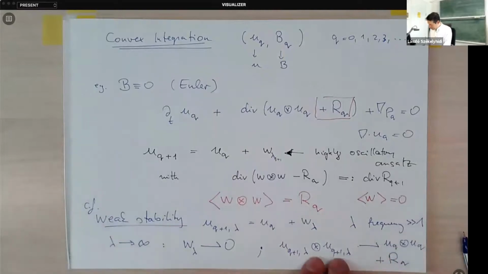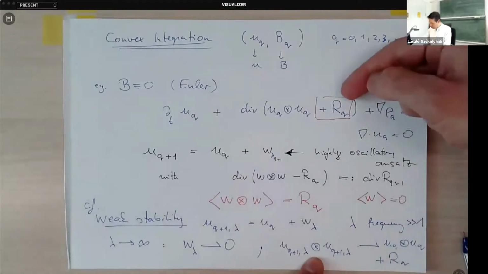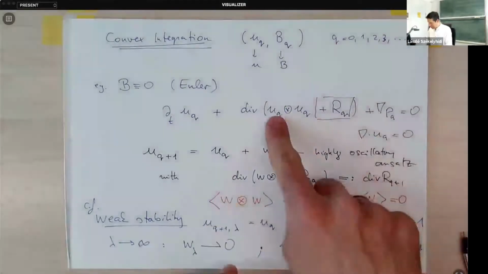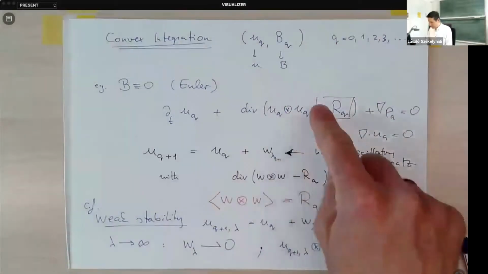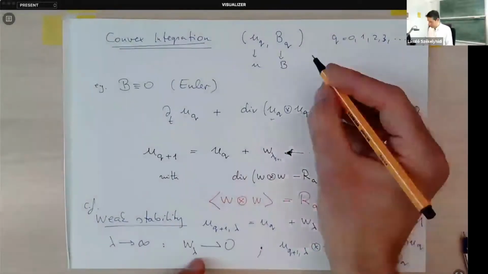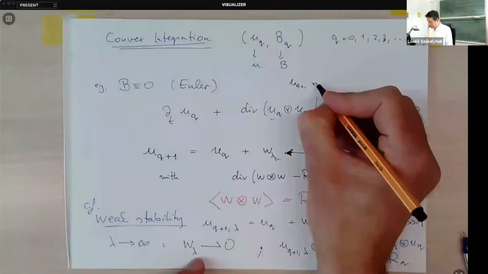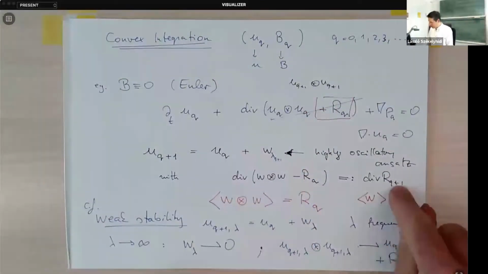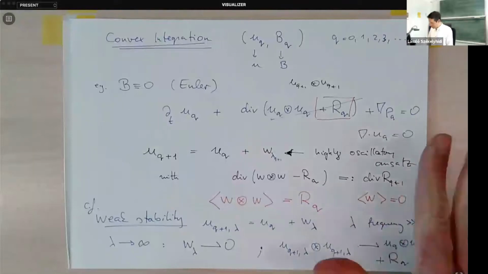So what you see here is that, of course, the ideal goal would be to replace this whole term by something of the form U_{q+1} tensor U_{q+1}. So no new error. I would like to do that. And of course, I'm not able to do that, so there will be some new error, but let's forget about that.